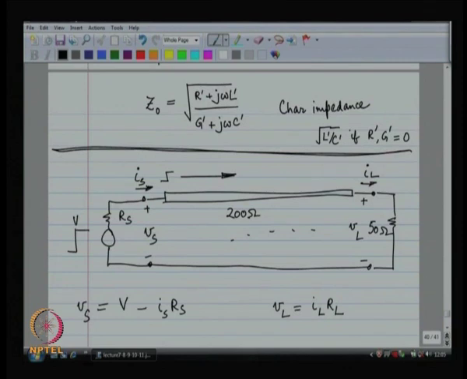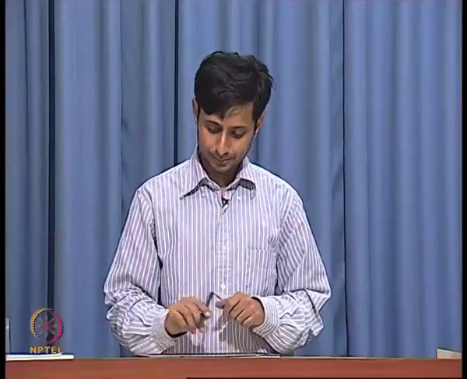And similarly, there is a current wave also which is travelling along the wire in the forward direction. Now, what is going to happen? It is going to hit the load.